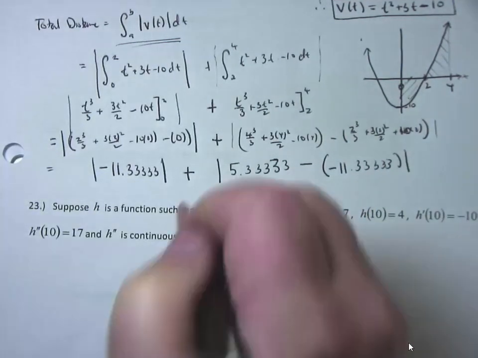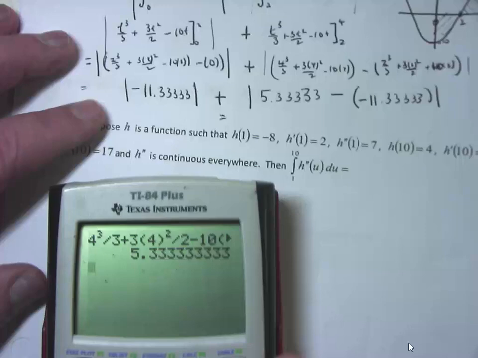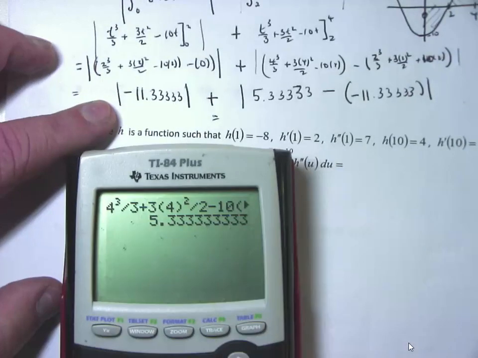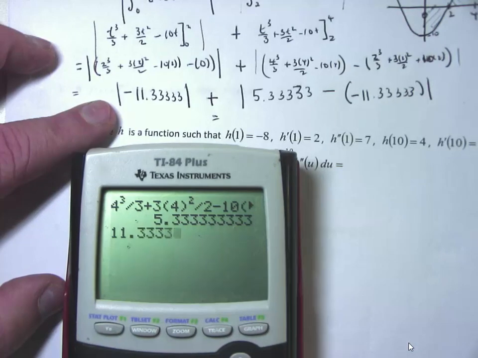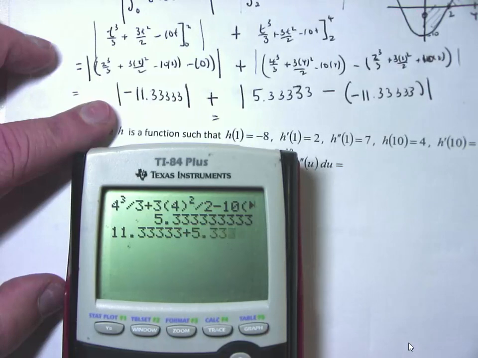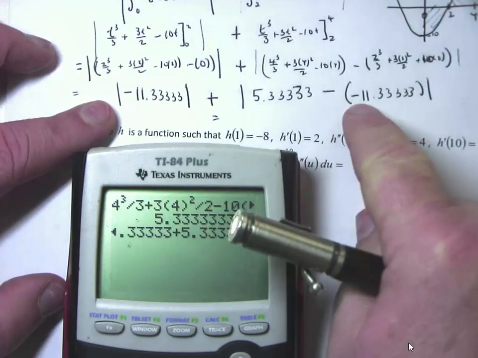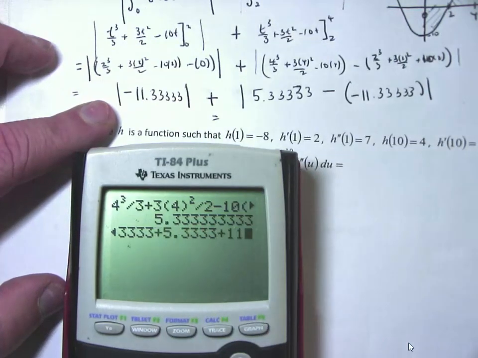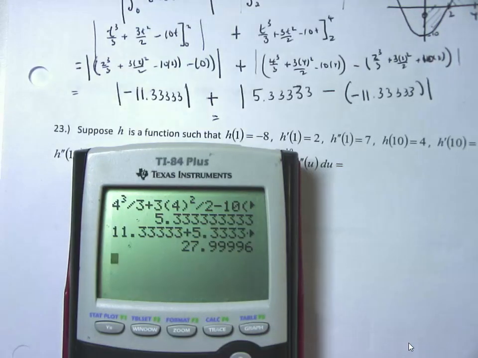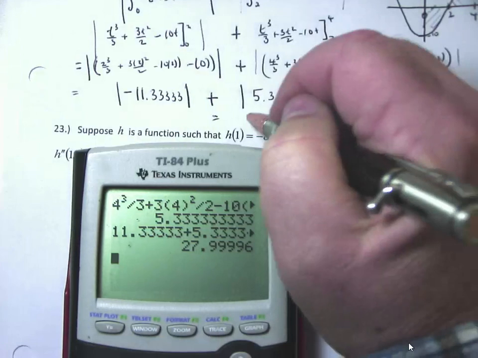So what is my answer going to be? Well, the absolute value of a negative 11.33333 is 11.33333 plus 5.333. A minus makes it plus another 11.33333. I end up getting, pretty much when you add it up in decimals, 28.